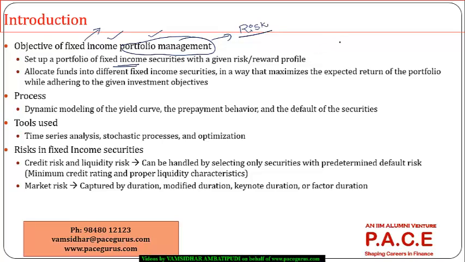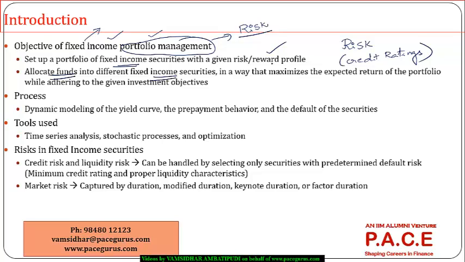Different kinds of fixed income securities will have different amounts of risk. The risk is mostly associated with their credit ratings. So we have different kinds of risks, and accordingly we have different kinds of returns that they are providing. Now, as a part of fixed income portfolio management, my intention is to allocate the funds to various fixed income securities.